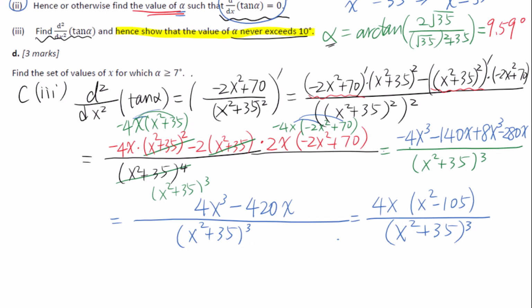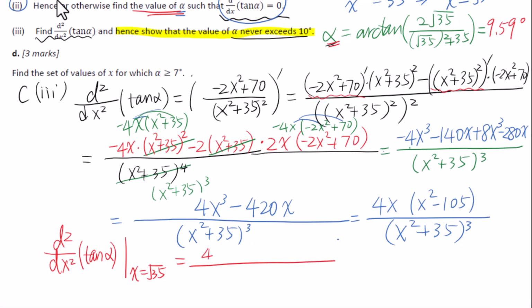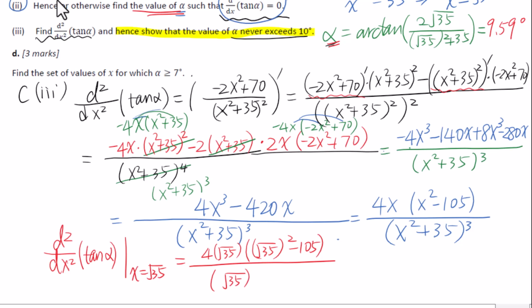In other words, we need to prove when x equals the square root of 35, this alpha is the maximum value. d2 by dx squared of tangent alpha at x equals square root of 35 equals 4 times the square root of 35 times the square root of 35 squared minus 105 over square root of 35 squared plus 35 to the third power, less than 0.